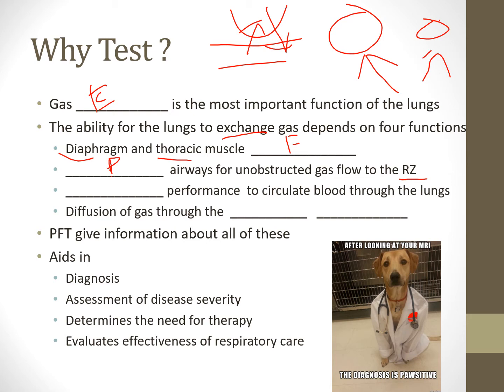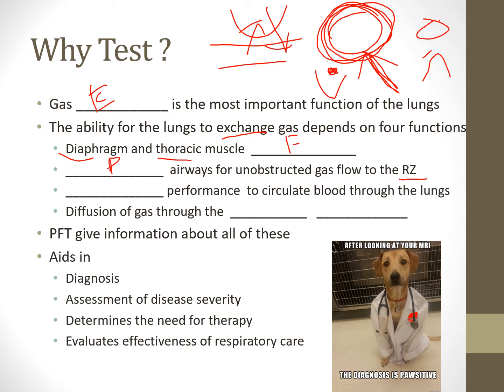And so with pulmonary function testing, we can see how open or how big the radius is of the airways by looking at the gas flow, right? The faster the flow, the more open the airways. So open airways equals a really fast flow rate, right? Small airways equal a really small flow rate. So I can actually see by measurable data how open or closed the airways are, right?